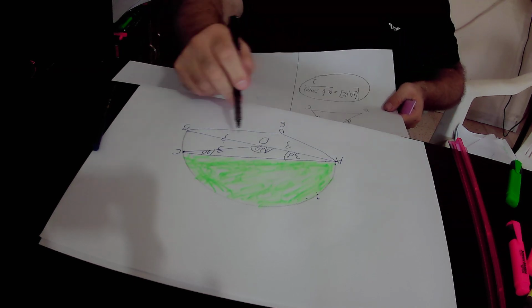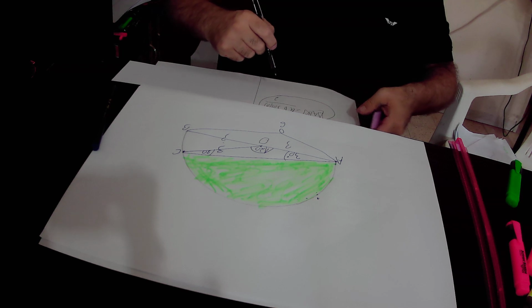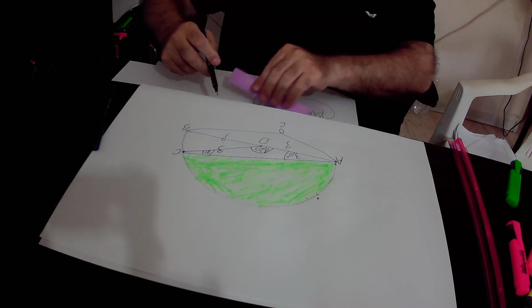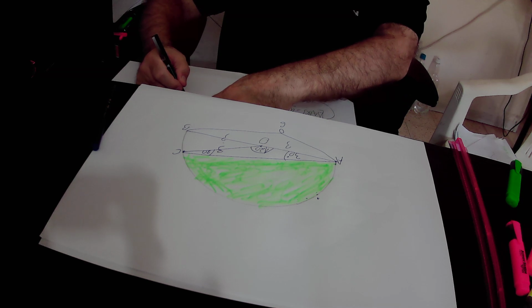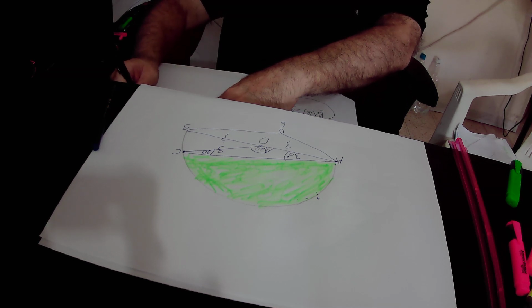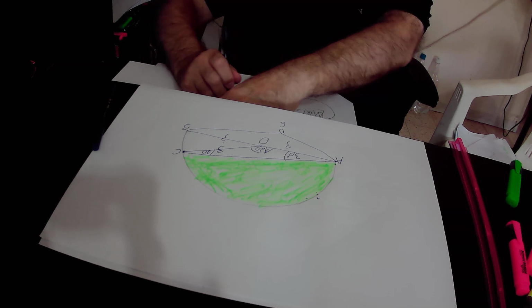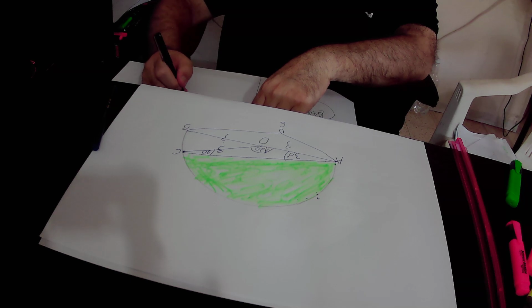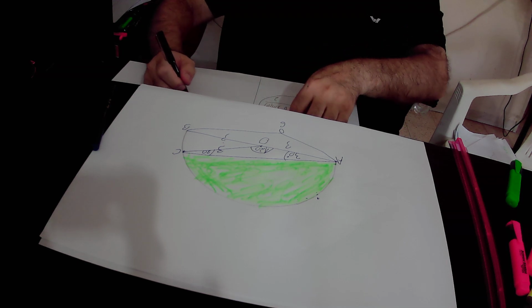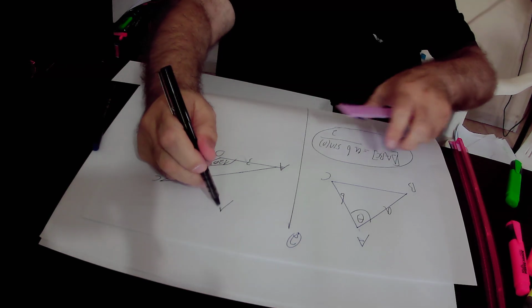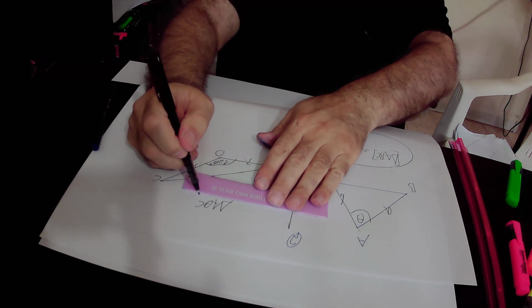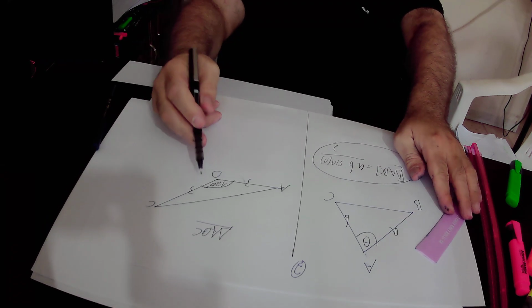So I'll copy this triangle AOC in this new page, and we'll use the new formula in order to find out the area of this triangle AOC. So actually, this is triangle AOC that I copied from the original drawing.